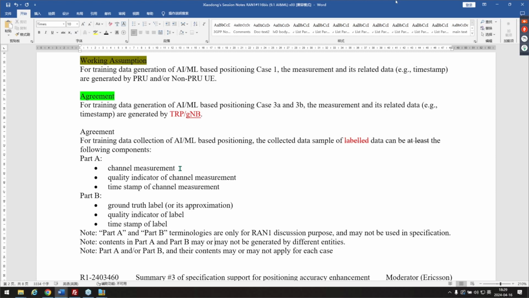They can be directly equal, but you can still have processing on that, based on the comments I received from companies, that they are not preventing this. This is also what I wanted. So instead of changing the channel measurement, can we just add a note saying that this channel measurement can be post-processed to get the data sample?